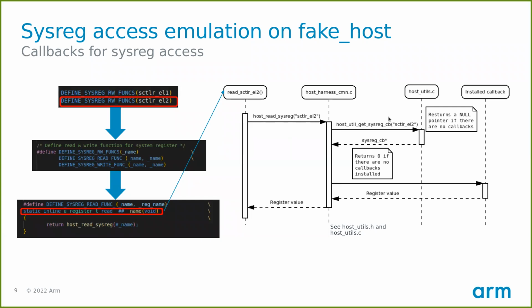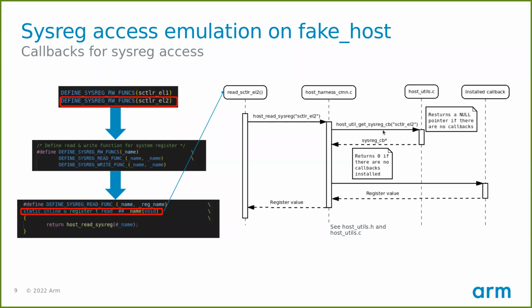If we don't have any callback installed for this register, then we will return a null pointer. Then this layer will just access the callback that it received, read the data, and the register value will be returned to host read sysrec, and this one will return the value.